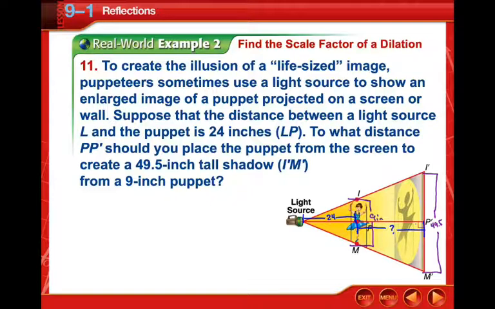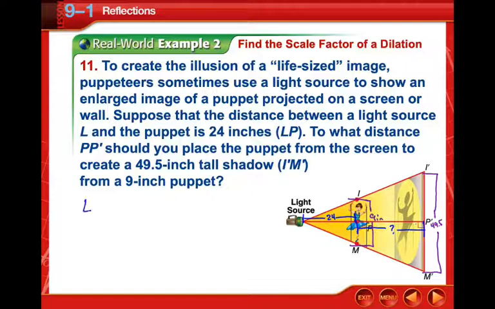So really what that means is we kind of have 2 triangles here that we're looking at proportion-wise. So that means that we want the distance from light source to puppet over the distance between I prime to M prime. So let me write this out.